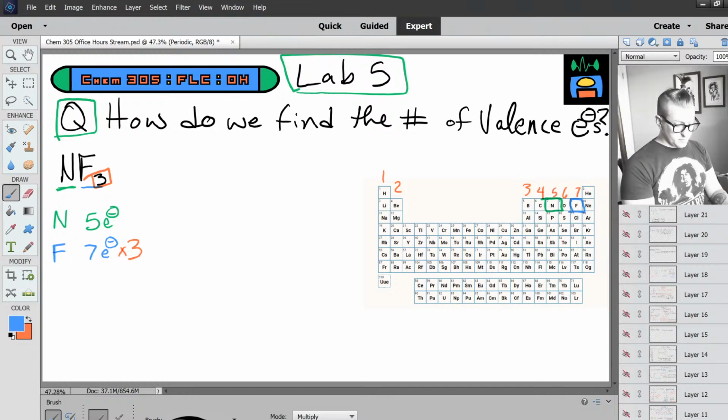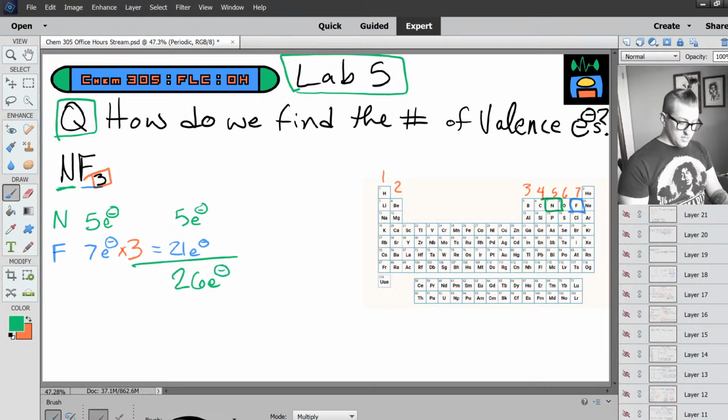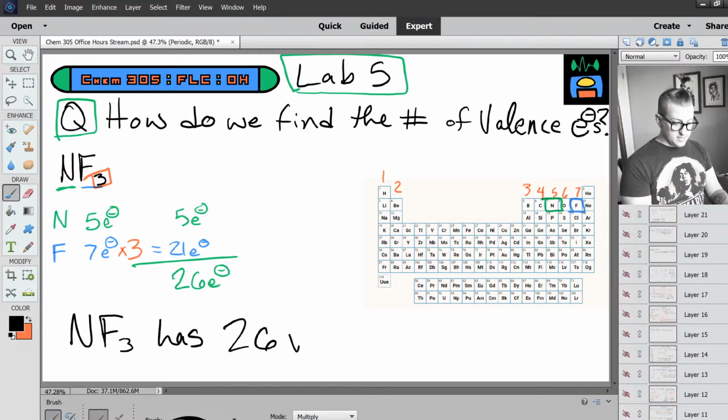So 3 times 7 is 21. 21 plus 5 is 26. So nitrogen trifluoride has 26 valence electrons.